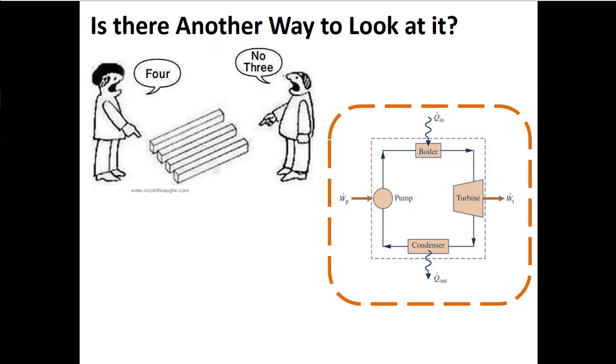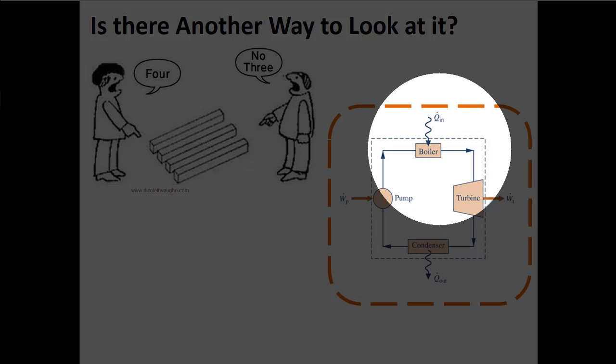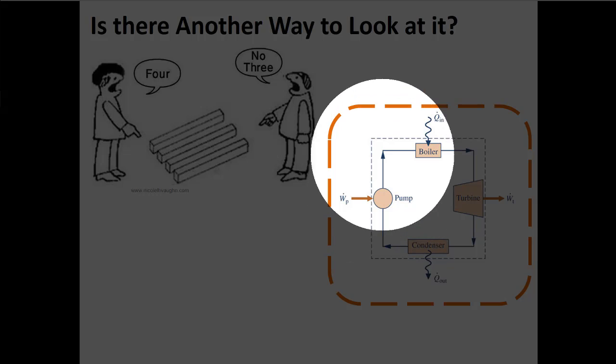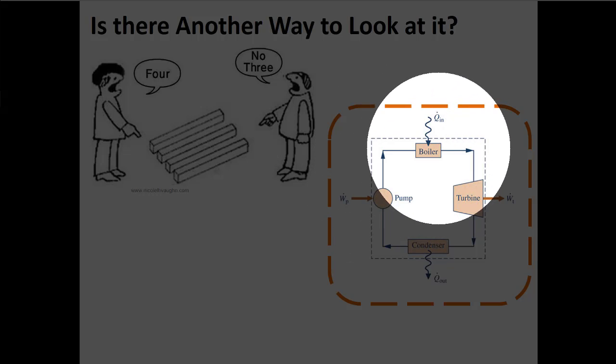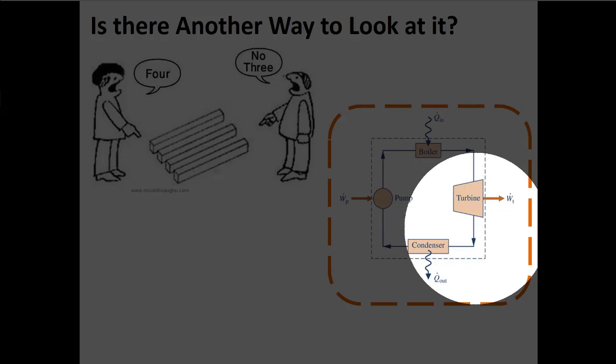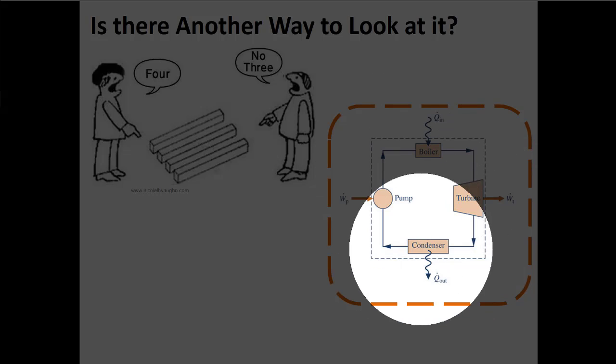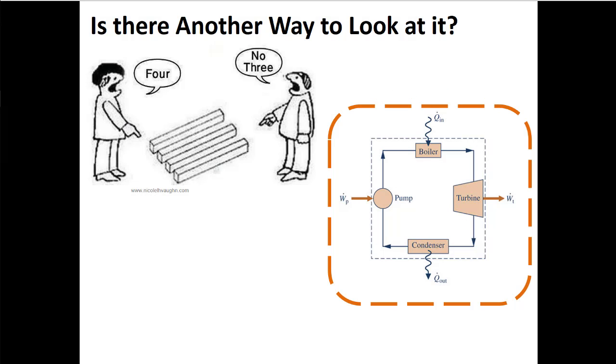Each one of these components is an open system, but the outlet of this one is the inlet of the next, and the outlet of that one is the inlet of the next. It's like a daisy chain. It all goes around and around. So if I broaden my focus enough, this becomes a closed system. Now, this is what we call a heat engine. Like we're finally there.